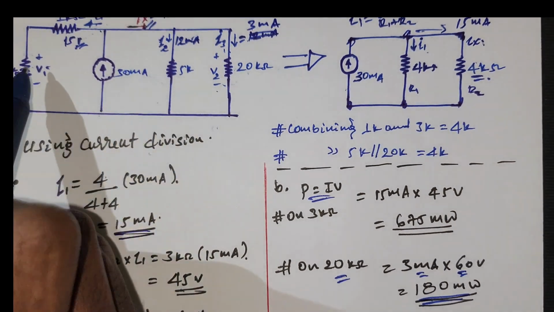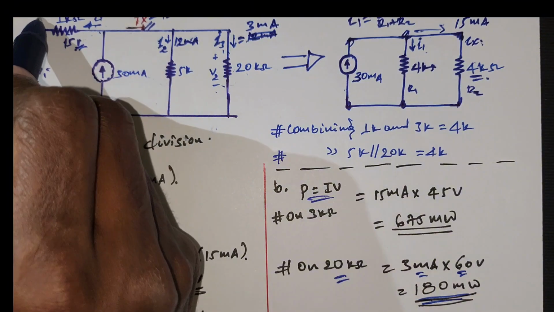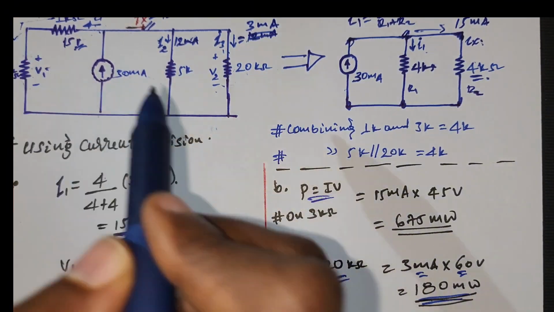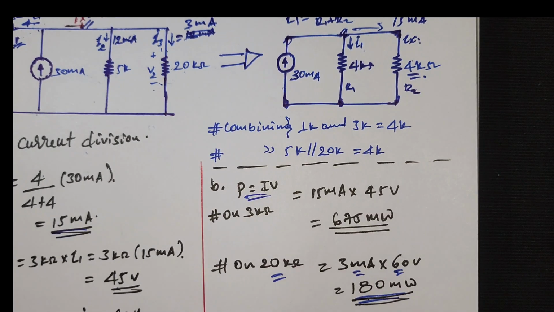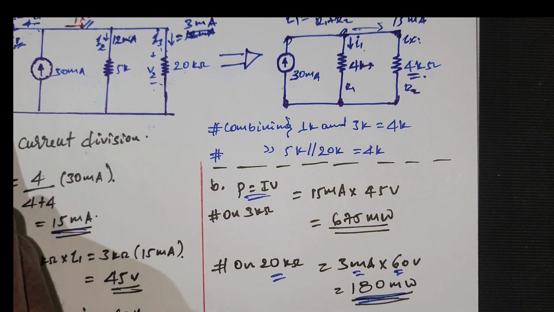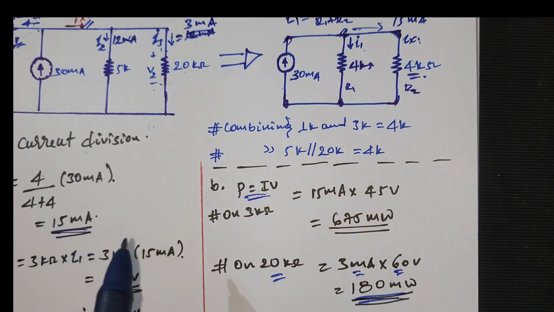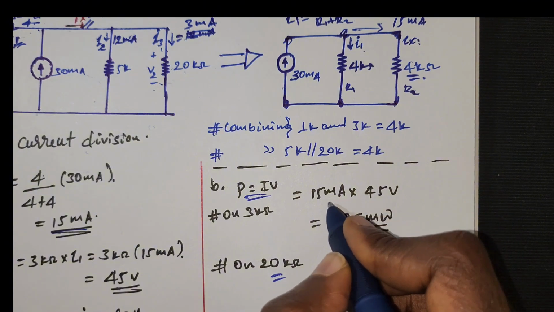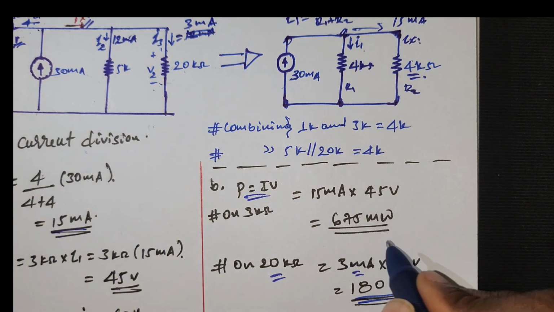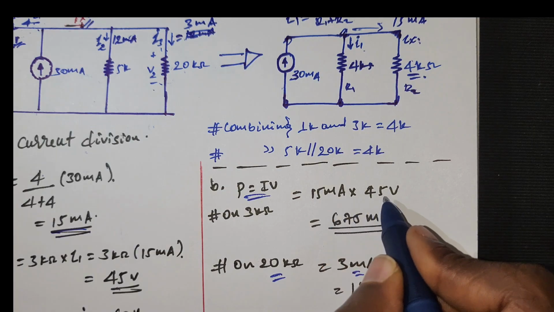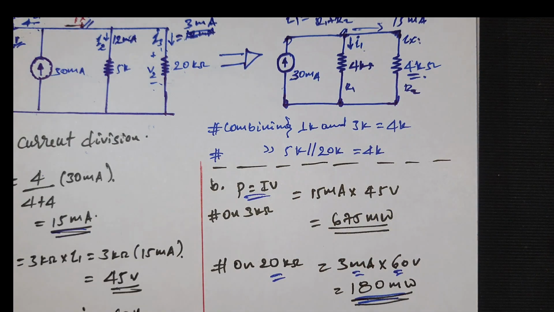Also, the power on 3K: I1 is 15 milliampere, and the voltage across the 3 ohm resistor is 45. So 15 times 45 is equal to 675 milliwatt. Milliampere times 45 volt, 675 milliwatt.